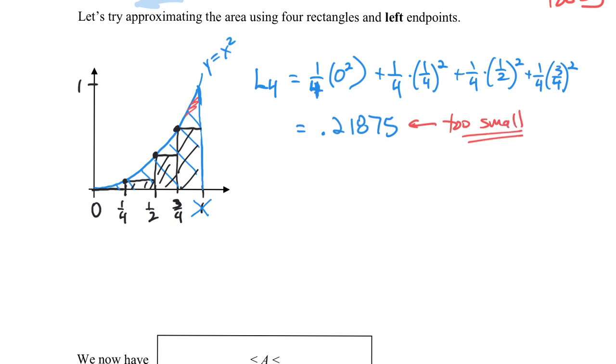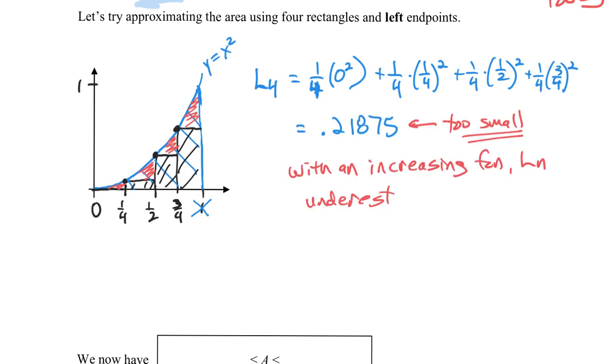And we know for sure it's going to be too small, because it's missing all of this red here, right? It needed to count that to get an estimate, and it didn't. It's missing all of that, and we can say in this case, with an increasing function, L sub n underestimates the area.